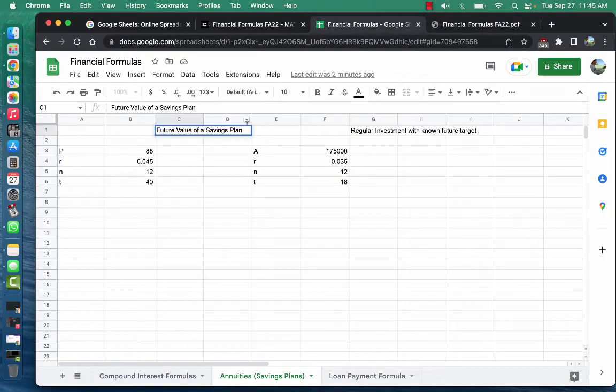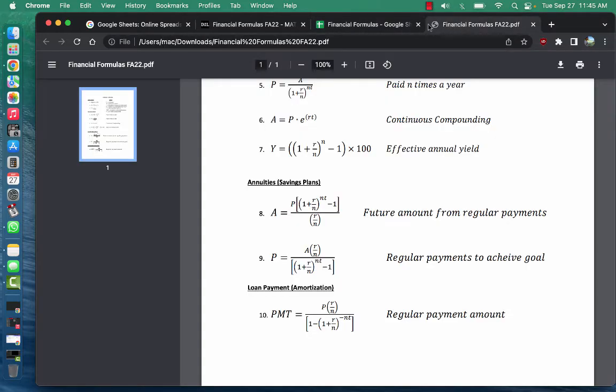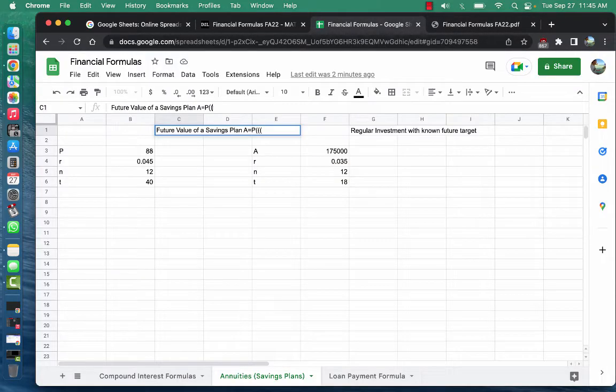So I'm just going to type in that formula here that we're doing. We have the A, the future value, is the P times, double parenthesis, 1 plus the rate divided by N, to the N times T minus 1, and then divided by R over N. So you don't have to do this part that I just did, but I'm just writing the formula here so I can see it.